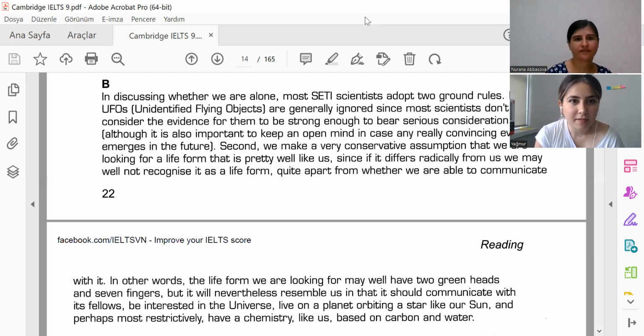In discussing whether we are alone, most SETI scientists adopt two ground rules. First, UFOs are generally ignored since most scientists don't consider the evidence for them to be strong enough to bear serious consideration. Although it's important to keep an open mind in case any really convincing evidence emerges in the future.